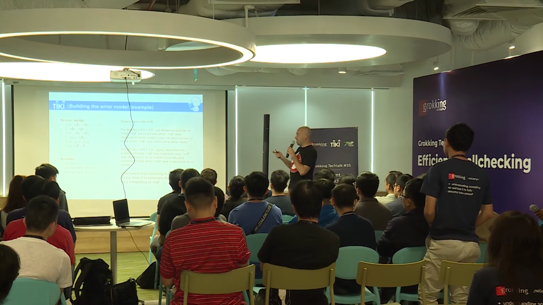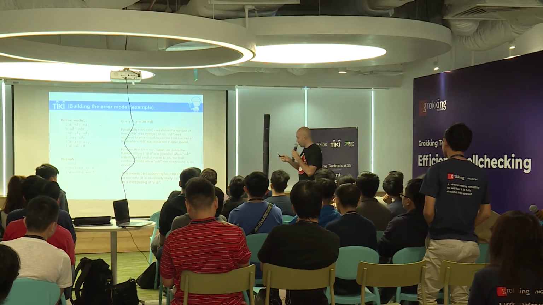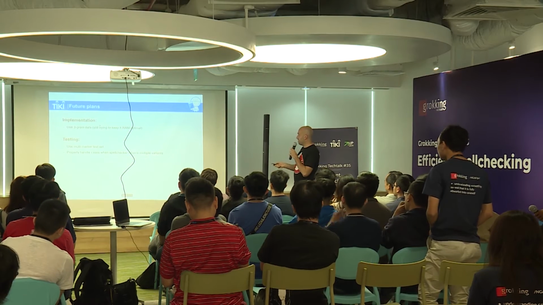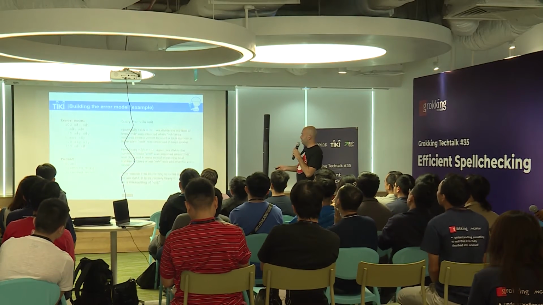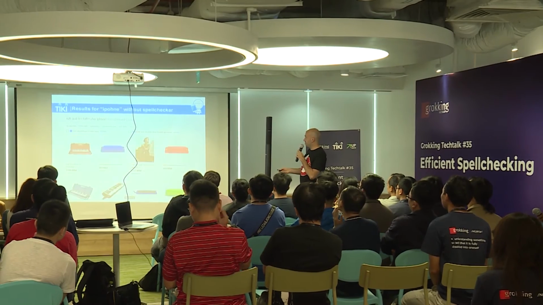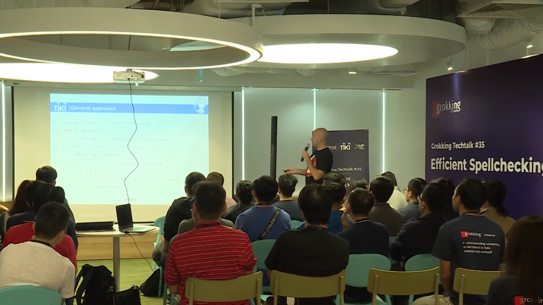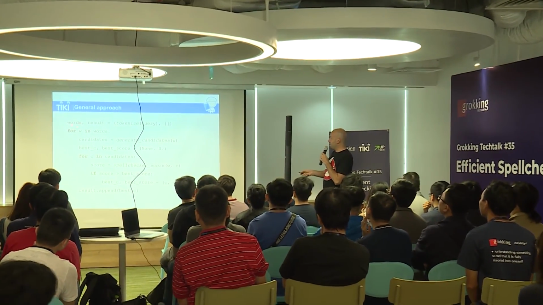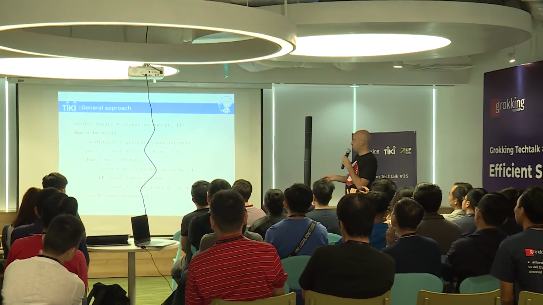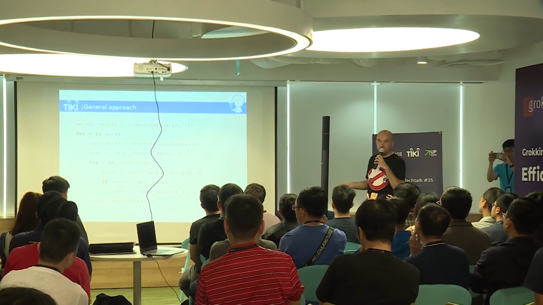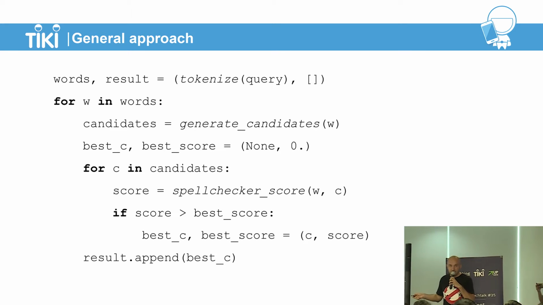If you remember, let's go back to the first slide. As you remember here, we split the query into words, and then for each word, we pick all the candidates, right? So for chem the mat, we will do the same.